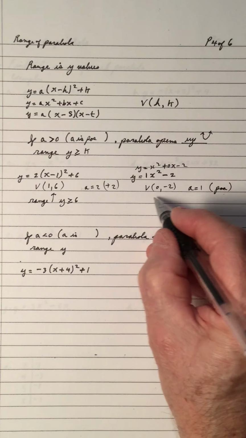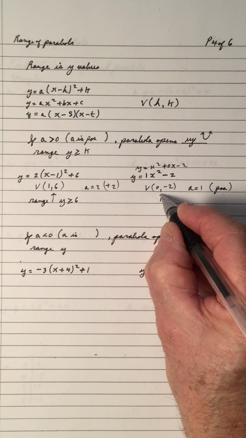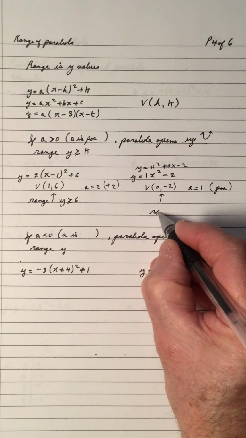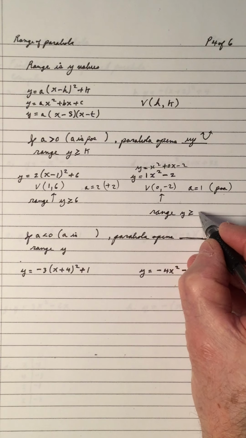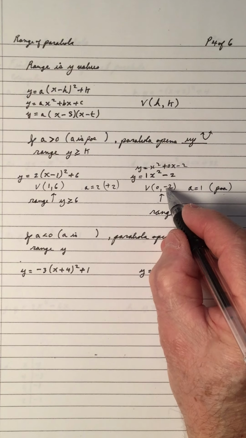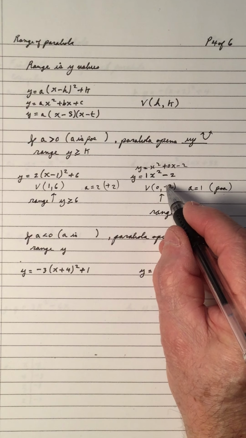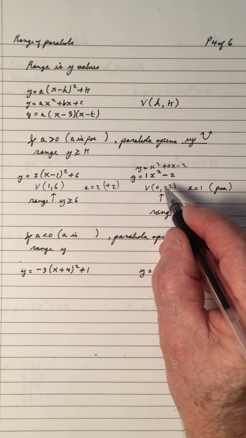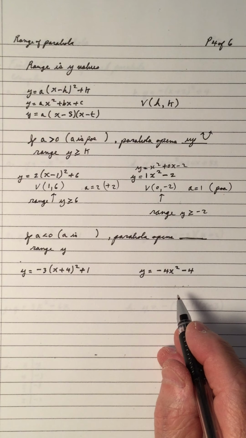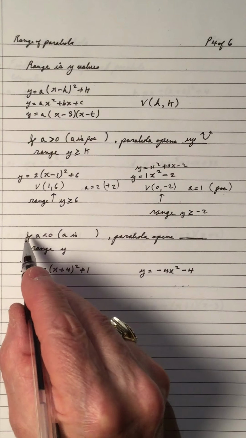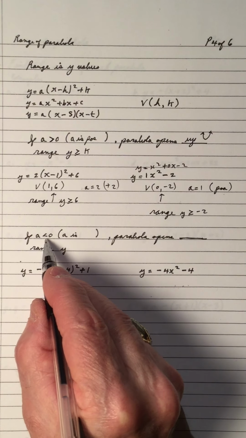A is positive, so the parabola opens up again. So the range of this parabola is y is greater than or equal to negative 2. It starts at negative 2. The y value starts at negative 2, and because it opens up, it's greater than or equal to negative 2.